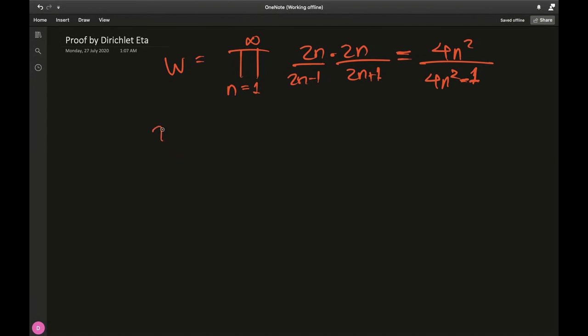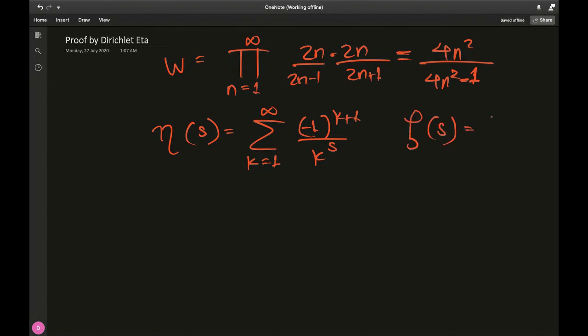So I hope you remember the Dirichlet Eta function of, say, some argument s is equal to the sum from k equals 1 to infinity of -1 to the k plus 1 over k to the s. That's the Dirichlet Eta function. But there's a particular formula where we relate that to the Riemann zeta function.